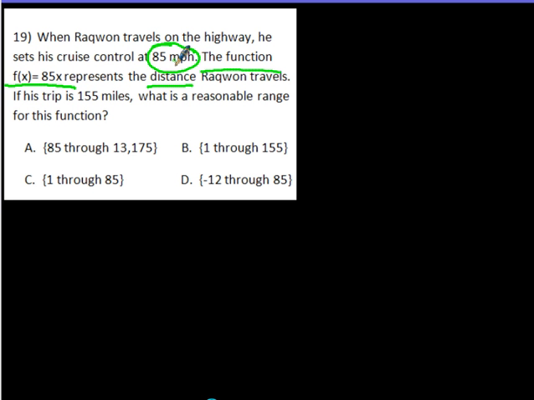So range, domain is X, range is Y. So I'm wondering about how far does he go, right? So you've got to read this a little bit carefully. It represents the distance he travels, and I would add in X hours in the writing of this question.